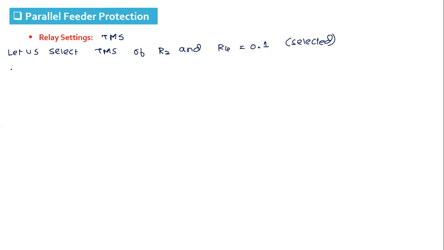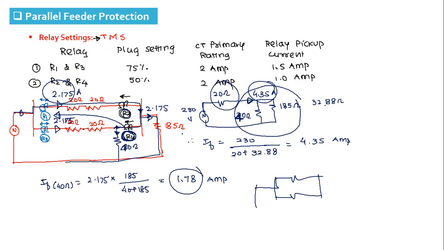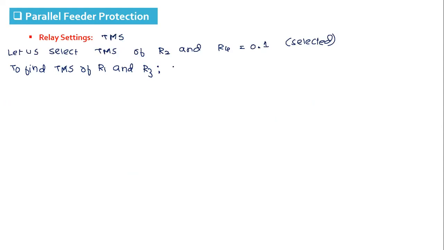Now to find TMS of R1 and R3, what are we going to do? First, consider the fault current, that is 1.78 ampere. For this, we will find the TOP of R2 and R4.